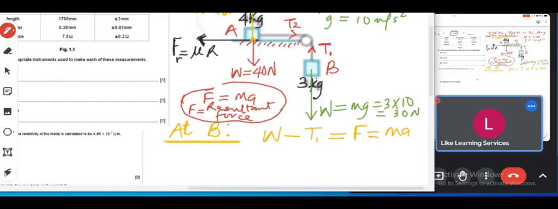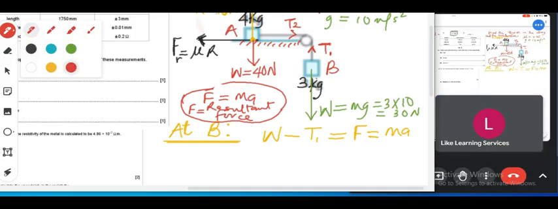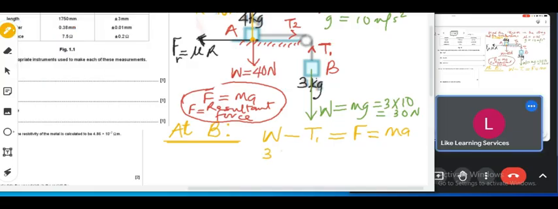All right. Let's put in the values. W is 30, right? 30 minus T1 is equal to MA. And MA is what? What's M? Mass is 3, so 3A.